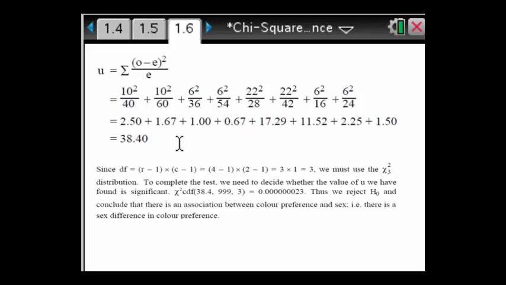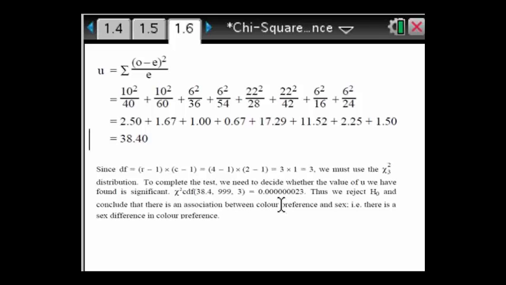So the degrees of freedom is 3. It's the product of 4 minus 1 and 2 minus 1. And so therefore you use the chi-squared distribution where the degrees of freedom is equal to 3. Now what we used to do in the old days was use the chi-squared CDF, the cumulative density function, and put in our test statistic, comma, a really, really big value, because this distribution has an extraordinarily long tail, and comma, the degrees of freedom.